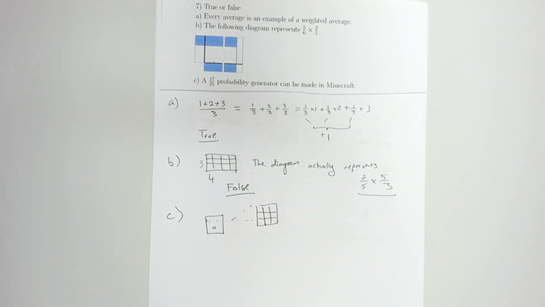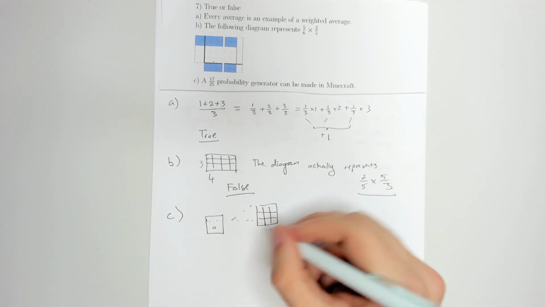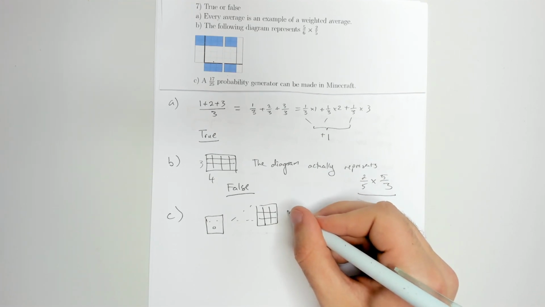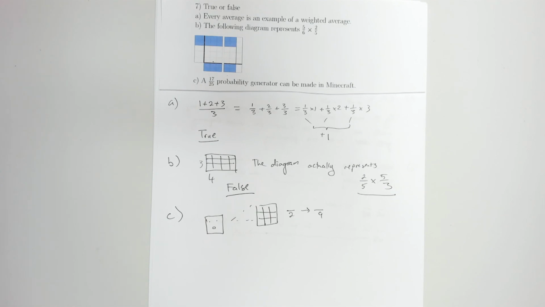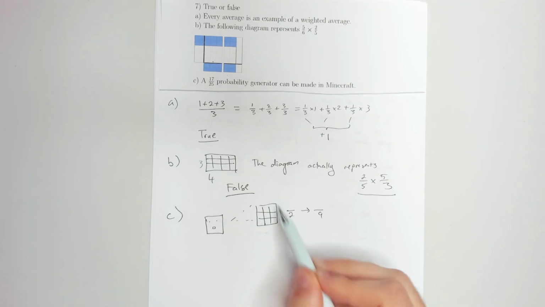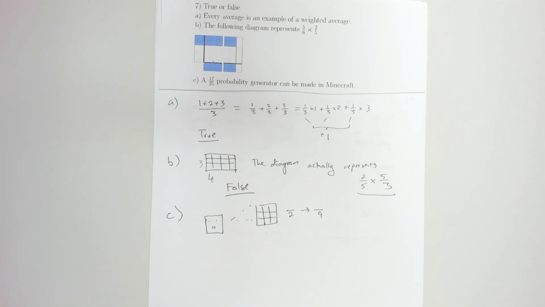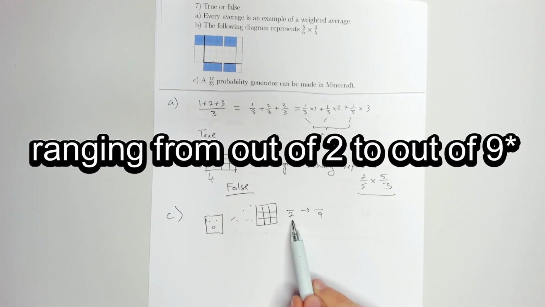So what that meant is that we could have any probability from out of 2 all the way up to out of 9. So a 1 in 2 probability would be possible by putting 2 items in here, or a something in 9 probability would be possible by putting 9 items in here. But essentially we can make anything ranging from a half to a ninth.